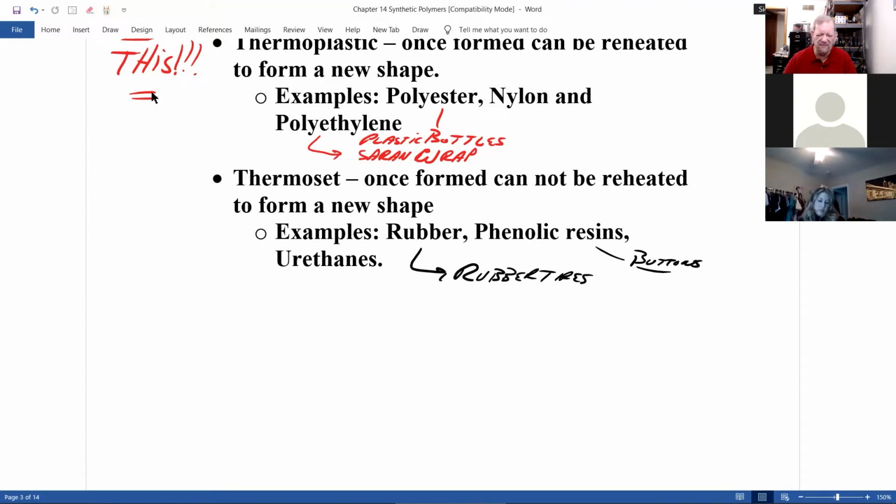And I'll talk more about urethanes, and this is for insulation, solid insulation, and seat cushion foam. And I could also say pillows too, which are either urethane or polyester foam.